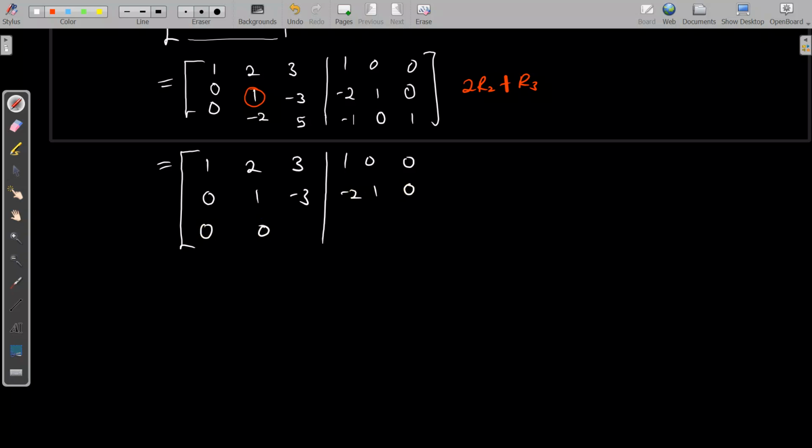So 2 times 1 is 2 plus -2 is 0, 2 times -3 is -6 plus 5 is -1, and 2 times -2 is -4 plus -1 is -5. And then 2 times 1 is 2 plus 0 is 2, and then I have that.